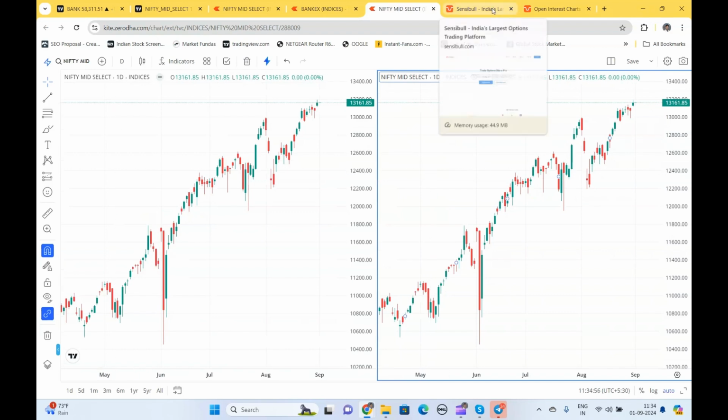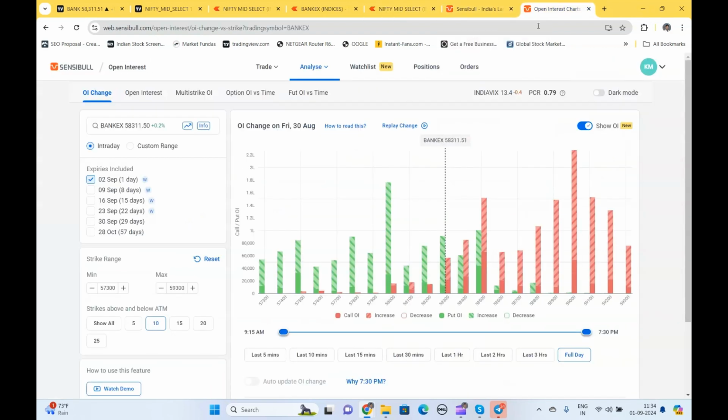All right. Even if you look at the option chain for BANKEX, a huge call writing at 59,000. And you have another immediate one at 58,500, a good put writing at 58,000. So 58,000 becomes the base. If the market comes close to 58,000, you can go long.